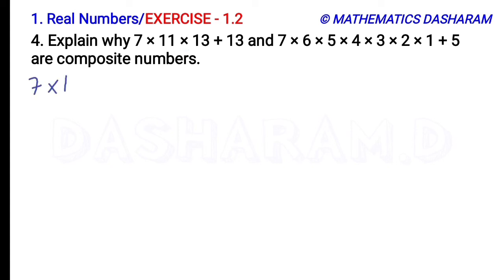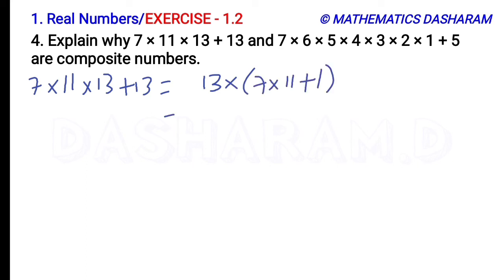The first number is 7 into 11 into 13 plus 13. 7 into 11 into 13 is one number, 13 is the second number, because numbers are separated with plus but not with into. In these two numbers we can take 13 as common. So 13 bracket of 7 into 11 plus 1, so 13 into 77 plus 1 is 78.